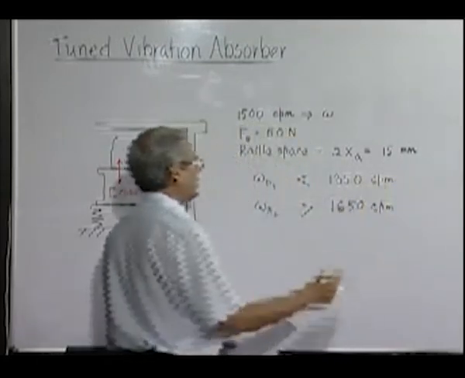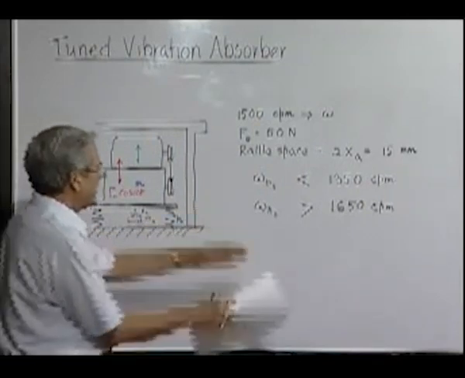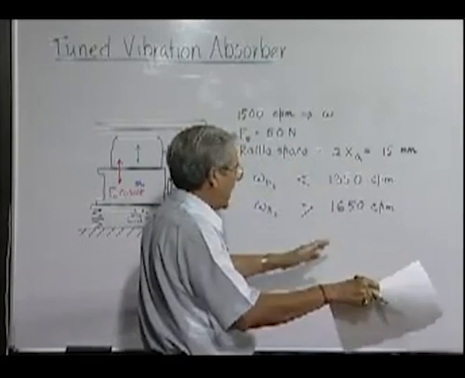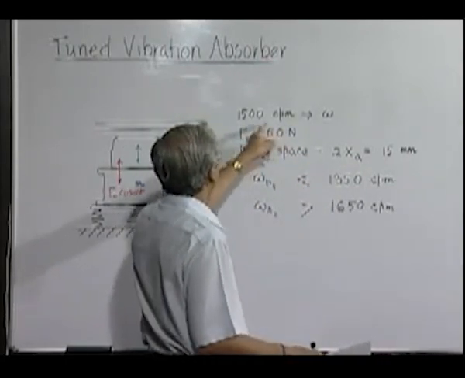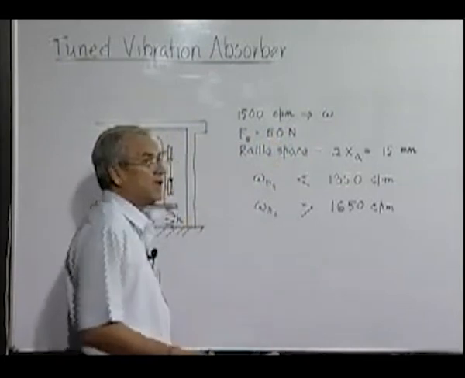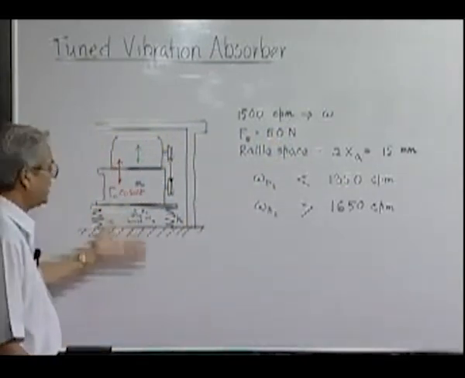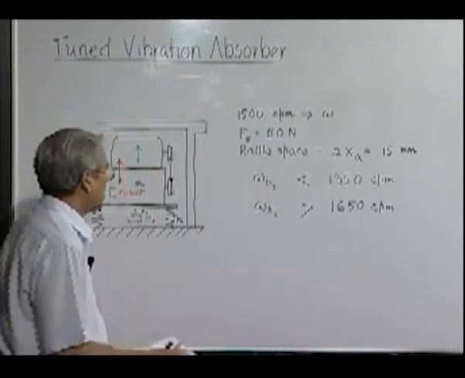We can easily find out radians per second, you can convert. So, that means the 2 natural frequencies should lie outside this region, where the nominal operational speed of the system is this, and obviously we know that this will also be the resonating frequency of the primary system.